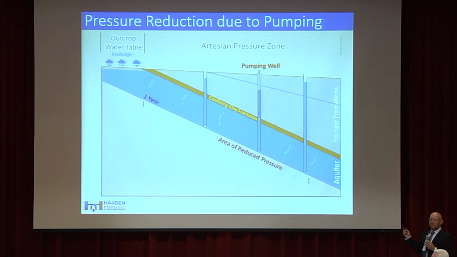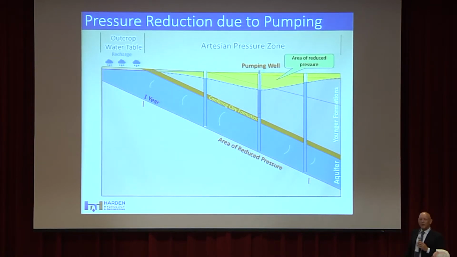In this case, within about 1 year, this pressure reduction wave has reached out 30 or 40 miles and reached up to the outcrop of the aquifer. The water levels in each of these wells now have gone down, and we can draw a little black line on top of this map to say, well, that's the new pressure level that exists down in these saturated sands.